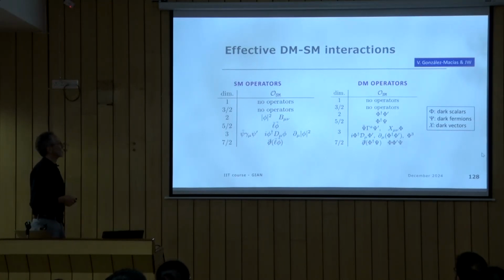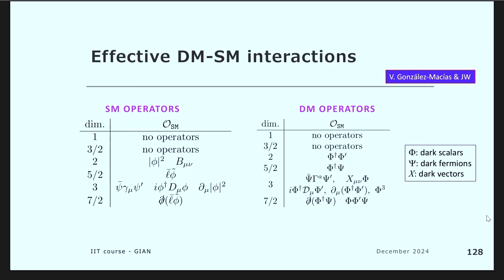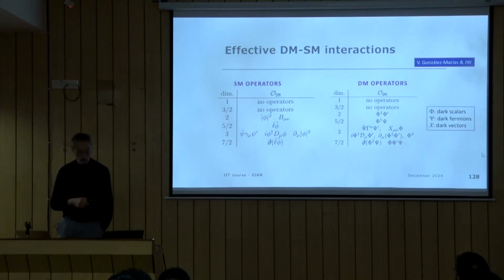I am now going to list the operators that are of relevance. The standard model operators of dimension 1, which are gauge invariants, are just none. 3/2, none. Dimension 2, there are 2: Phi squared, the doublet squared, and B mu nu. B is the gauge field, I remind you, of the U1 hypercharge in the standard model.